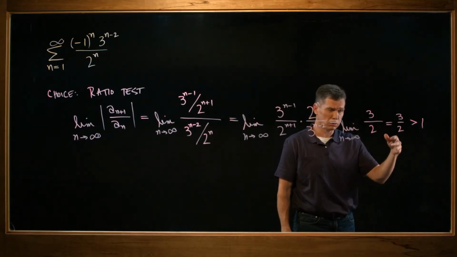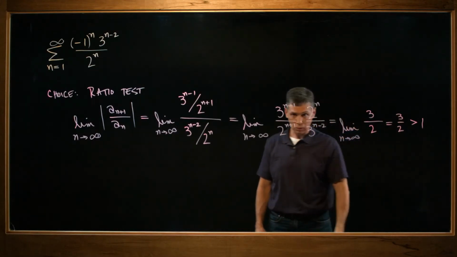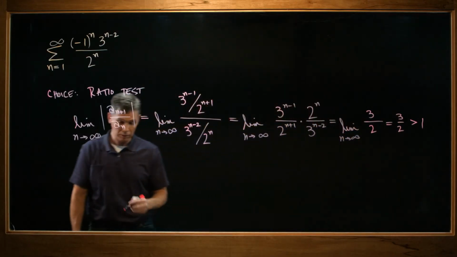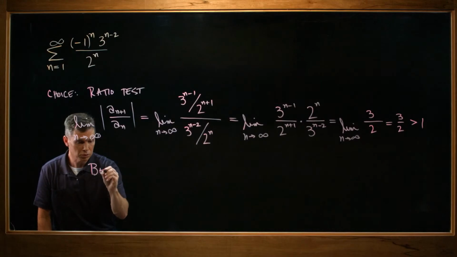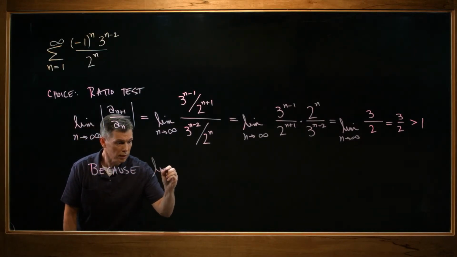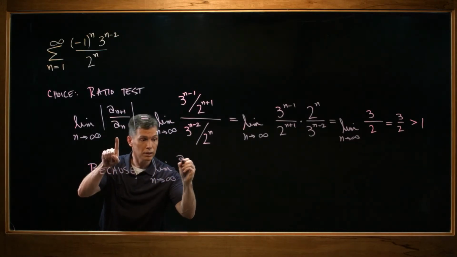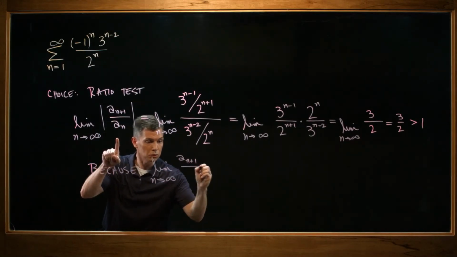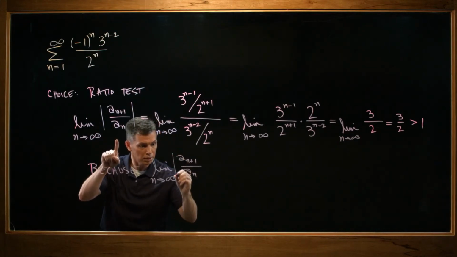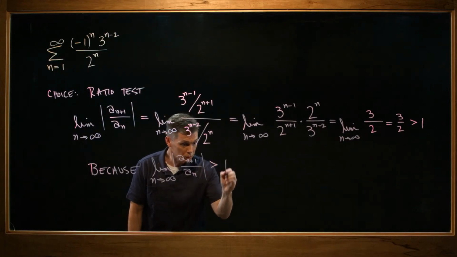You want to know, is it less than 1, greater than 1, or maybe possibly equal to 1? We're greater than 1. That gives me my answer now. Getting down to writing my answer, because that limit that we looked at of a sub n plus 1 over a sub n, absolute values, is greater than 1.